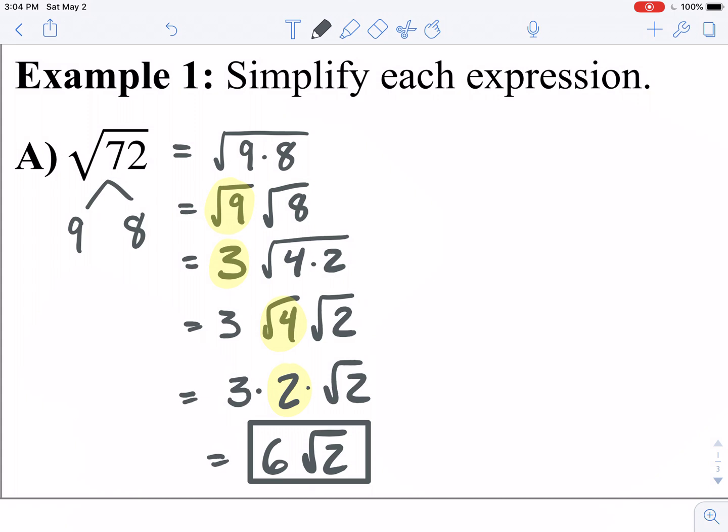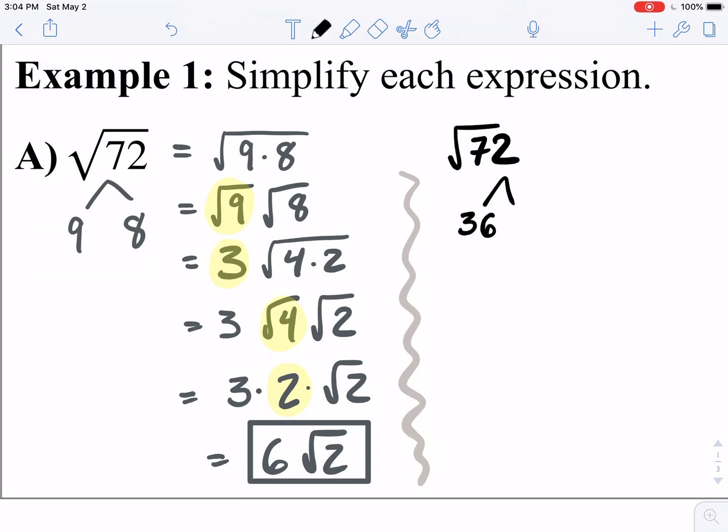Now that did take kind of a lot of steps. So if you want to split it up a different way, you can do that and it would take less time. So let's say we want to do this problem again. We start out with the square root of 72, but this time instead of splitting it up as 8 and 9, we can split it up as 36 times 2.